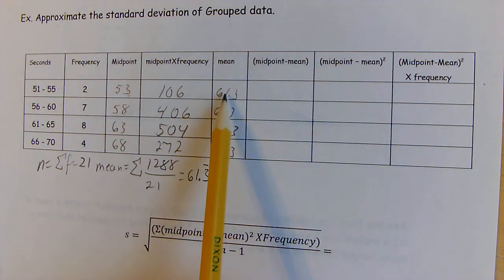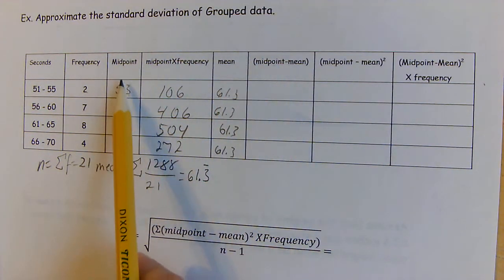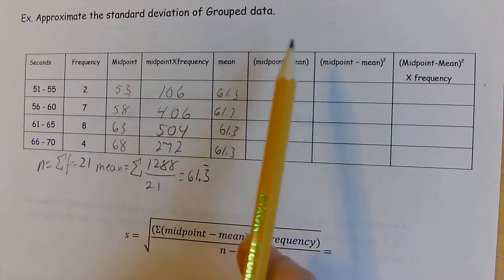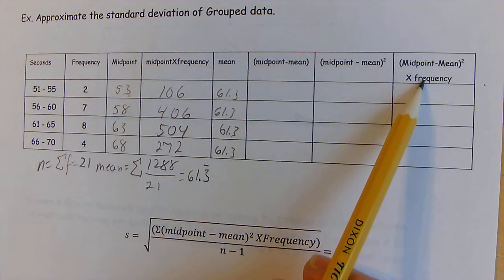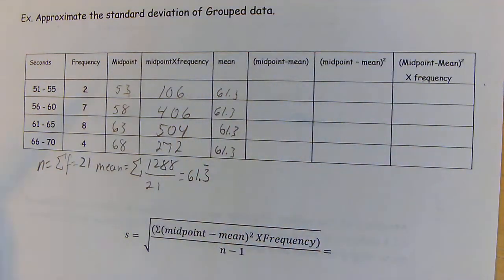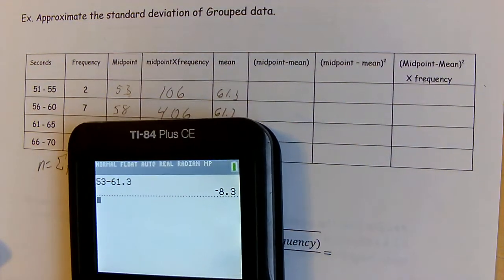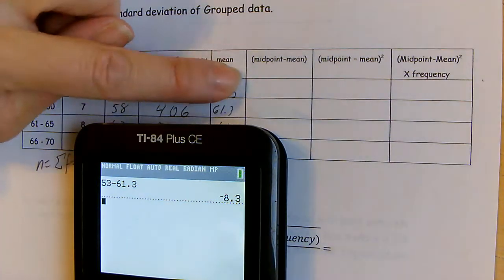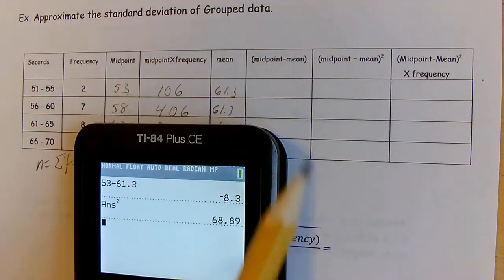Then I need to take the midpoint of each class minus the mean. Then I'm going to square that and then multiply it by the frequency. So I'm going to do this all in one row. So 53 minus 61.3, that squared.